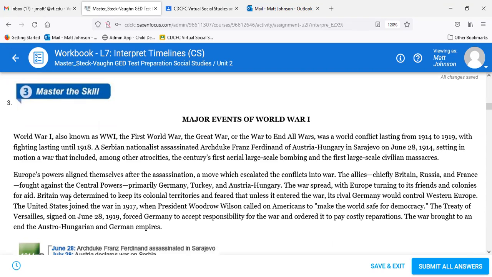Europe's powers aligned themselves after the assassination, a move which escalated the conflicts into war. The Allies, chiefly Britain, Russia, and France, fought against the Central Powers, primarily Germany, Turkey, and Austria-Hungary. The war spread, with Europe turning to its friends and colonies for aid.